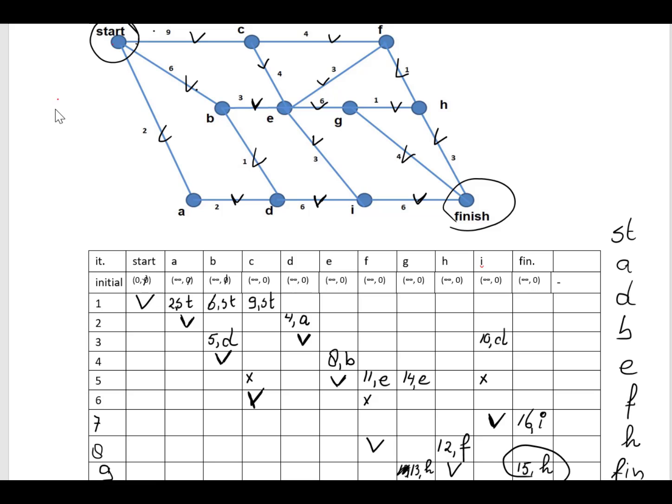So we go from the start to A, from A to D, from D to B, from B to E, E to F, F to H, and then we reach the finish. So 2 plus 2 is 4, plus 1 is 5, plus 3 is 8, 11, 12 and 15. Okay, nice. Shortest path according to Dijkstra.